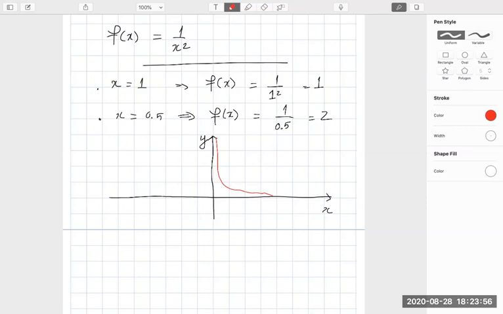Somehow like this. Symmetry with respect to the vertical line. It's not a very good graph, but yeah, here we go.